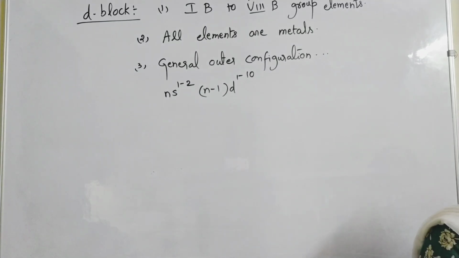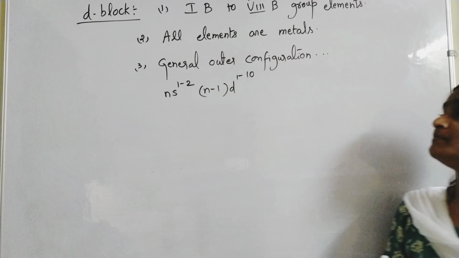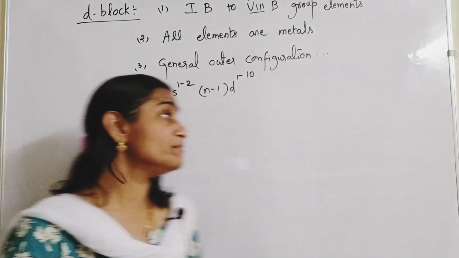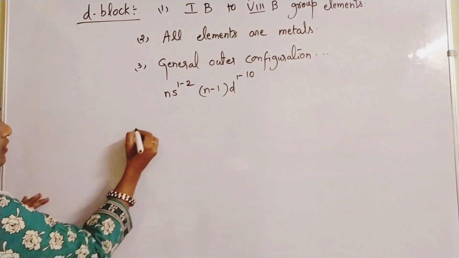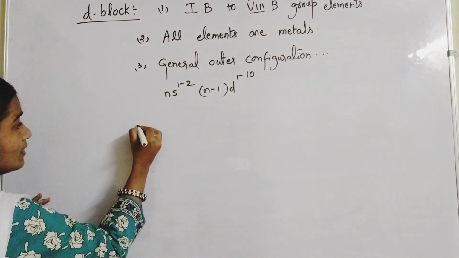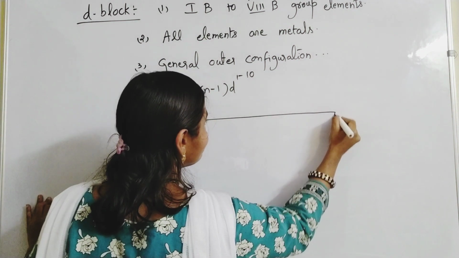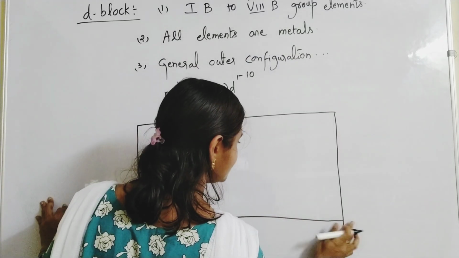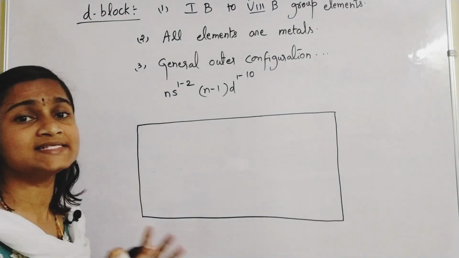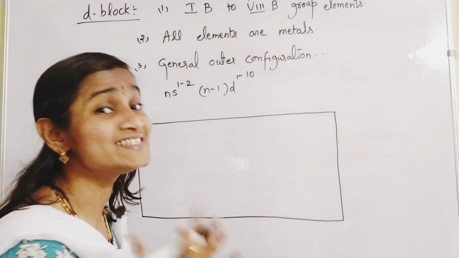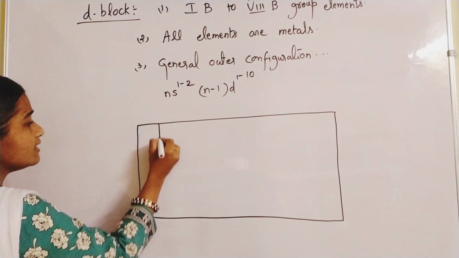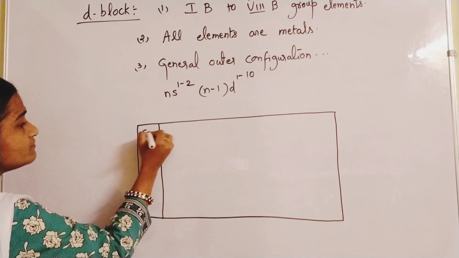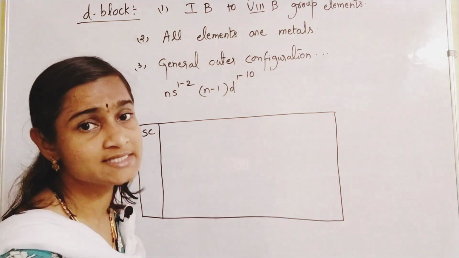D block elements you will generally find in the middle of S and P block. That's why you call them transition elements. They exhibit properties intermediate between S and P block. That's why they are called transition elements. Like you can take scandium to zinc. Known elements at least.